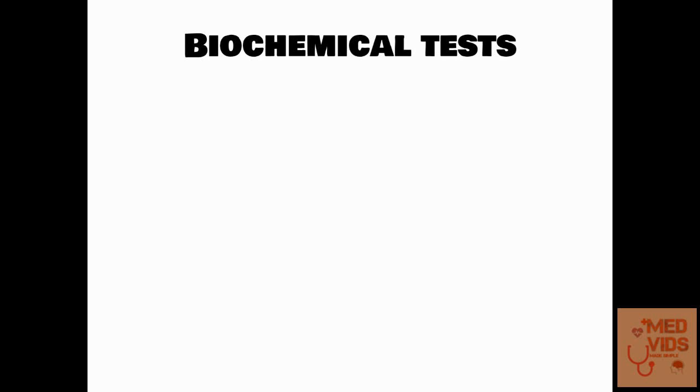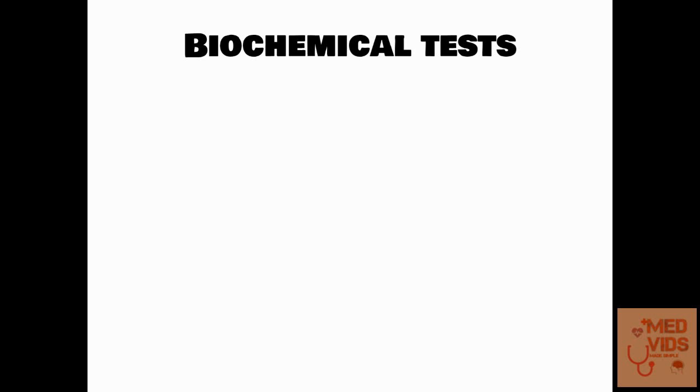Now, in order to make the biochemical tests easy to understand, just try to keep following what I'm saying from the beginning, alright? So, how are the gram-positive bacteria classified? The gram-positive cocci are classified generally into two families, Micrococcaceae and Streptococcaceae. First, we have to differentiate Micrococcaceae from Streptococcaceae.